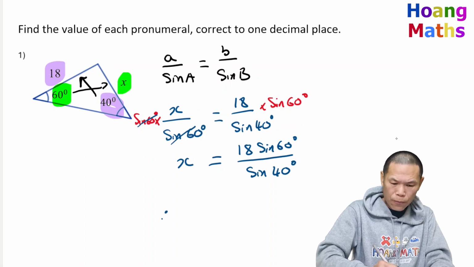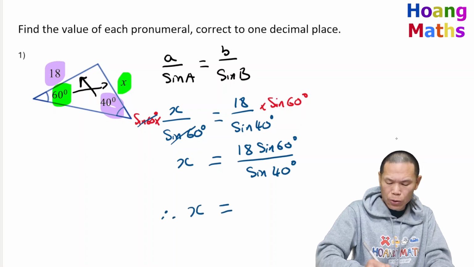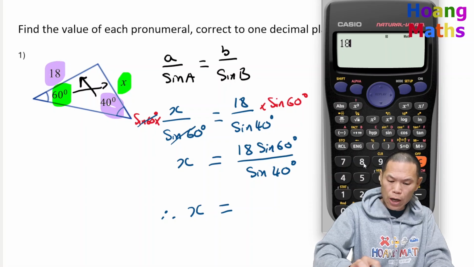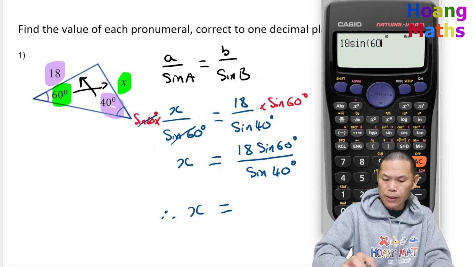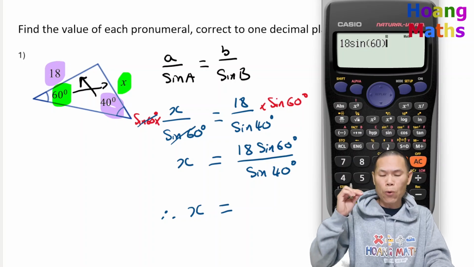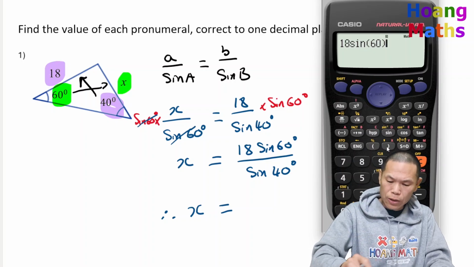So therefore, x is equal to, so I just put it on a calculator. So 18 sine of 60 degrees, and I don't need to put the degrees because it's already default as degrees. And then I go divided by or over sine of 40 degrees. Just type 40.